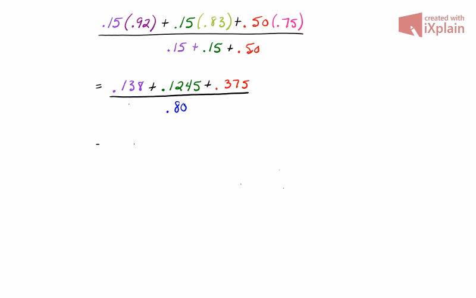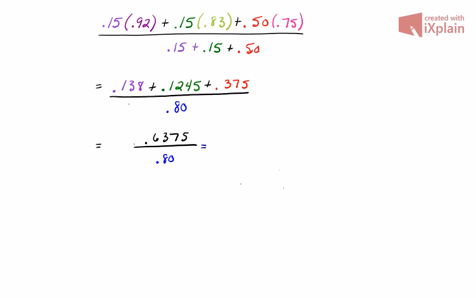So when we add up the numerator, or the top half of the fraction, we're going to get 0.6375, and we're going to divide that by the 80%.